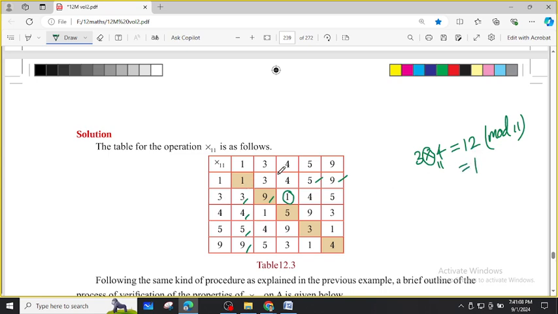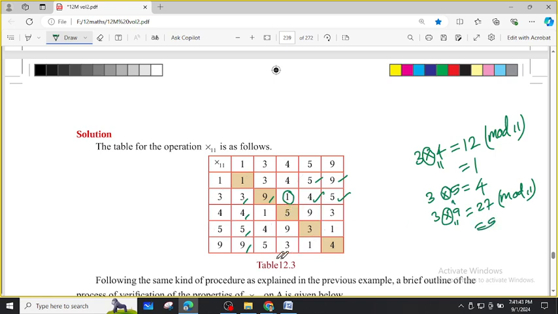So 3 fours are 12, remainder 1. 3 fives are 15, take only the remainder, 4. And 3 nines are 27; divided by 11, 22 goes in, so the remainder is 5. Like that you have to multiply.